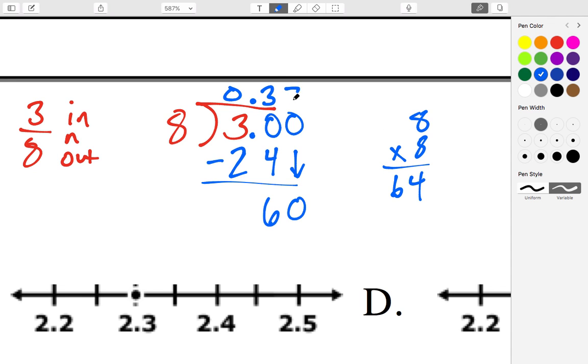Okay, let's try 7. 8 times 7 is? 56. 60 minus 56 is?